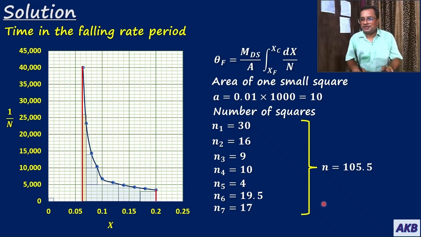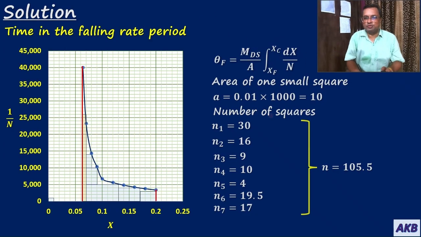So at this point of time, now I know that under the curve within these limits there are 105.5 small squares, and the area of each small square is 10. So next we will be getting the total area under the curve, and that will be nothing but the value of this integral.